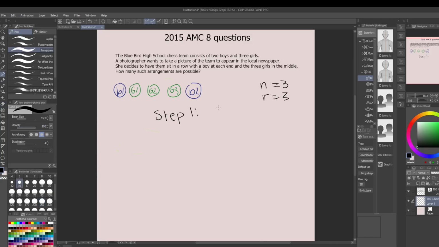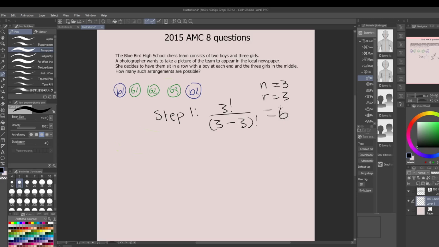So we plug these into the formula and get 3 factorial over (3 minus 3) factorial to get 6, which means there are 6 possible ways to order the girls in the middle.